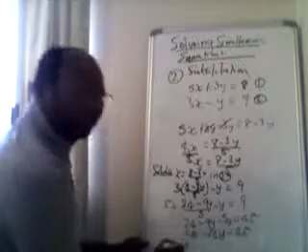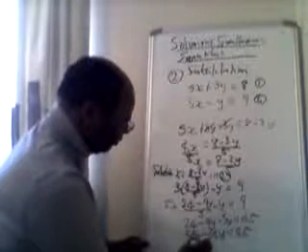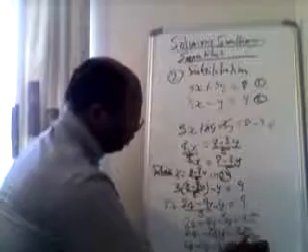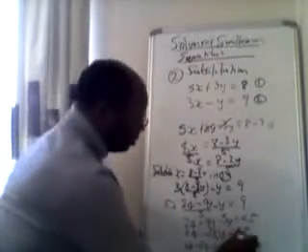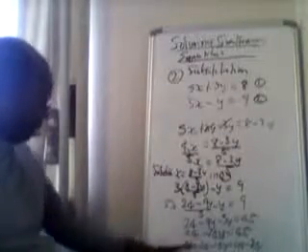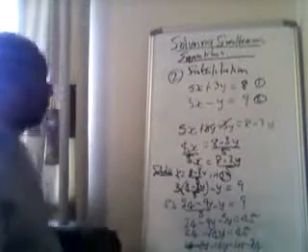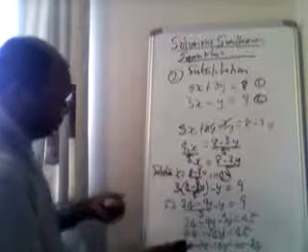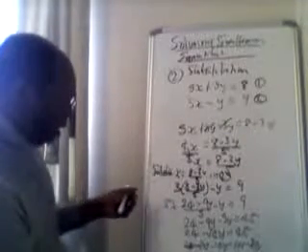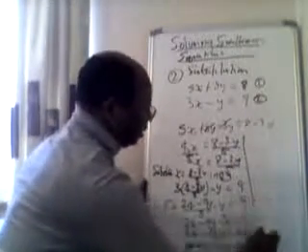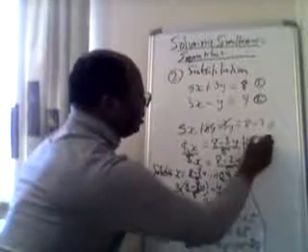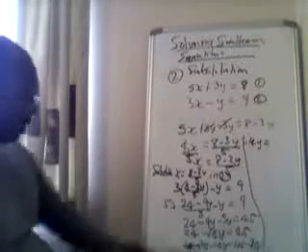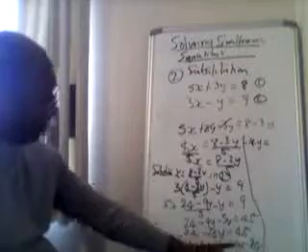So 24 minus 24 cancels, and we have minus 14y equals 45 minus 24. If I take away 24 from 45, it's going to be 21.